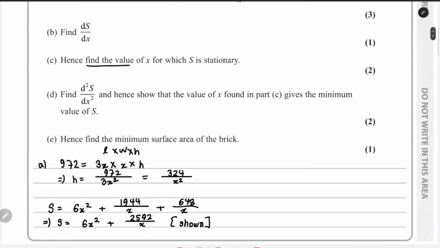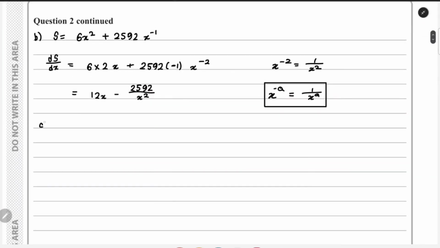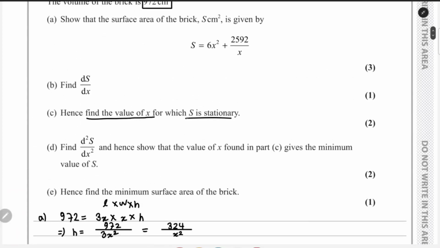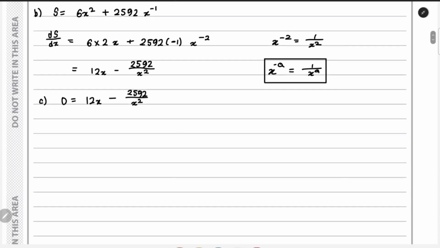Now in part C, we have to find the value of x for which S is stationary. For a stationary point, we have to set the derivative equal to 0. So ds by dx is 0. So we have 0 equals 12x minus 2592 by x square.